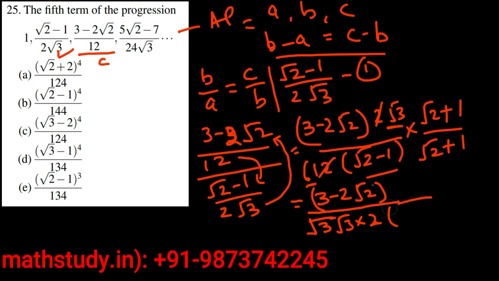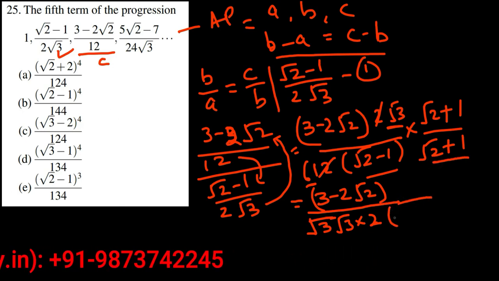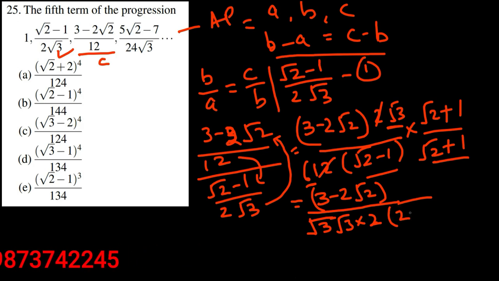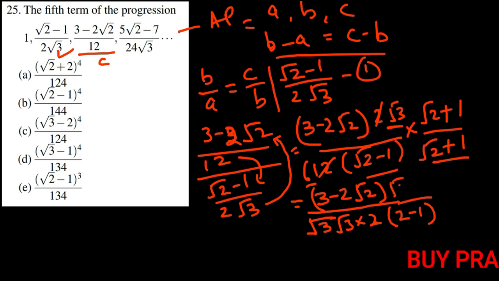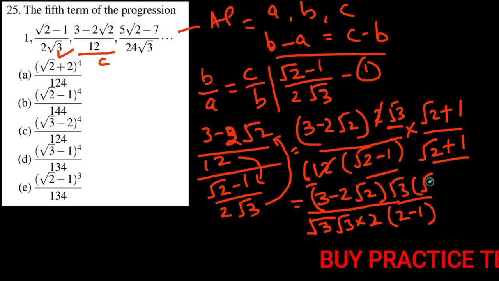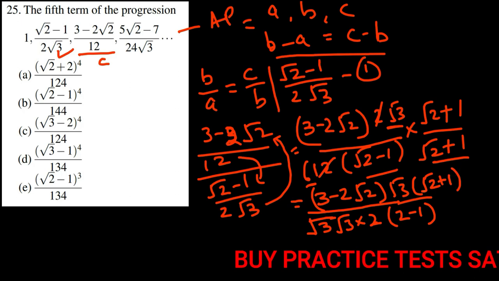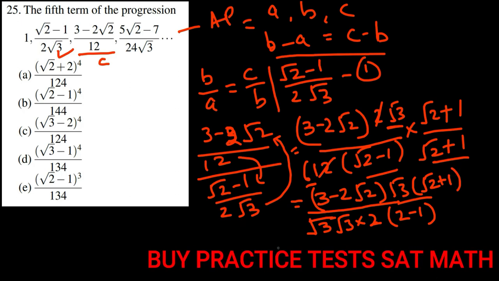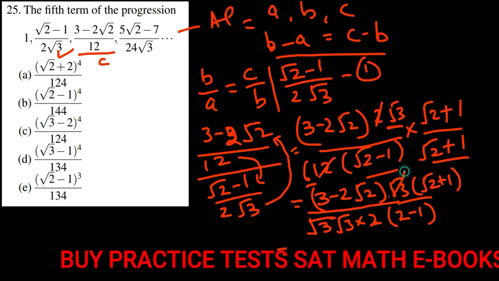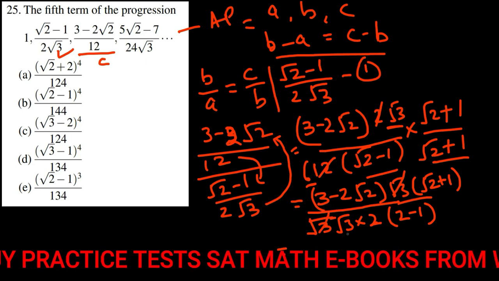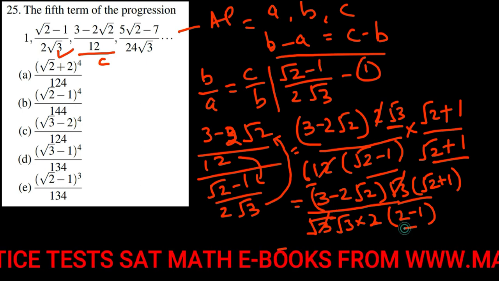Now root 2 minus 1 into root 2 plus 1 is nothing but a square minus b square, which is 2 minus 1, right? And in the numerator we get root 3 into root 2 plus 1, right students? So we got this one. Now we can cancel this root 3 with this particular root 3, and this 2 minus 1 is 1.